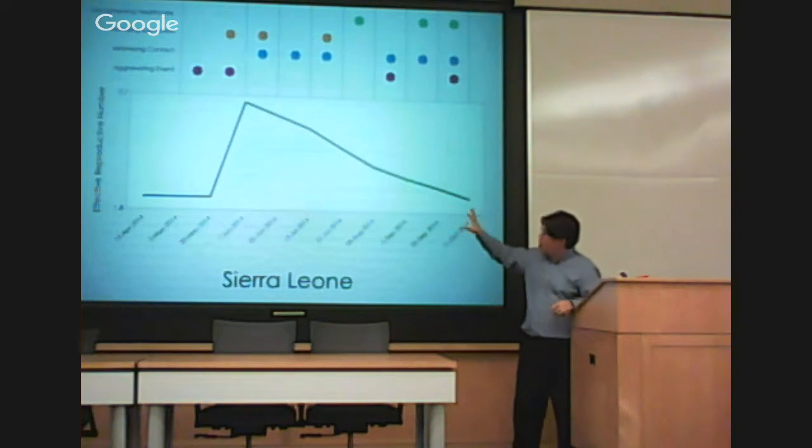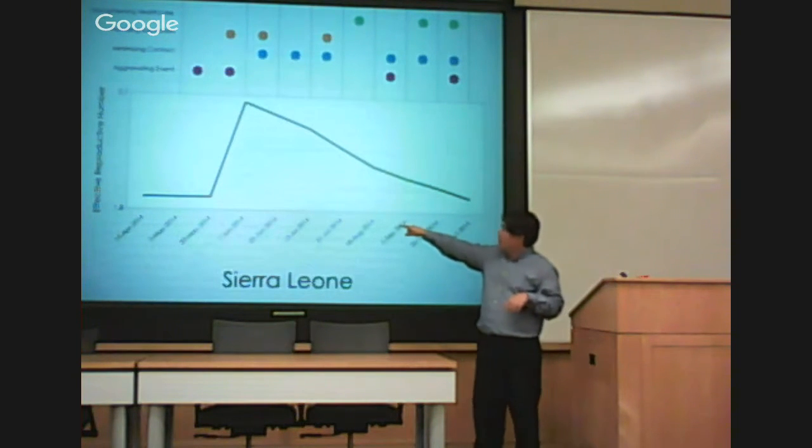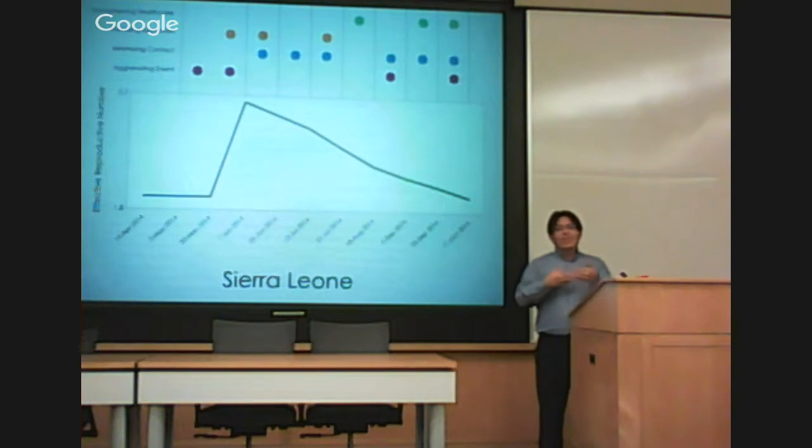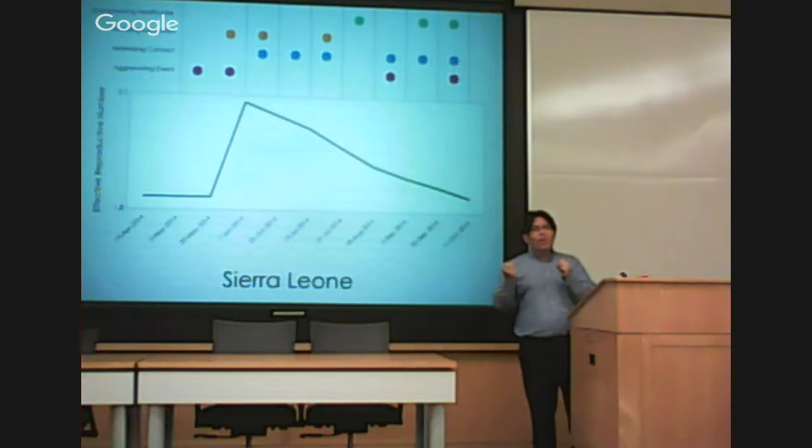What this plot shows is, the black line is a reproductive number, which shows how many people will get sick as a consequence of being in touch with another person who's sick in a given population. To some extent, it summarizes the interaction of sick people with others as observed in the population.